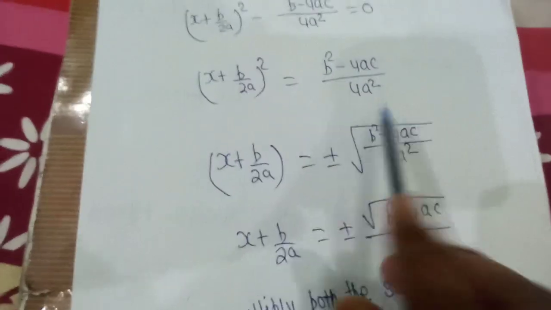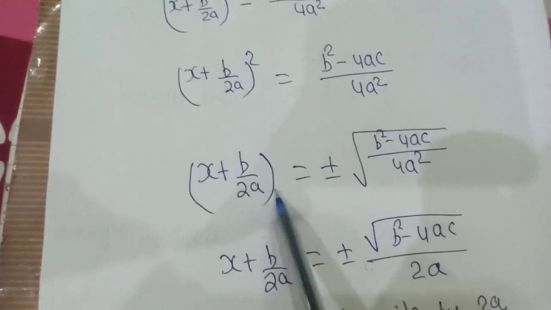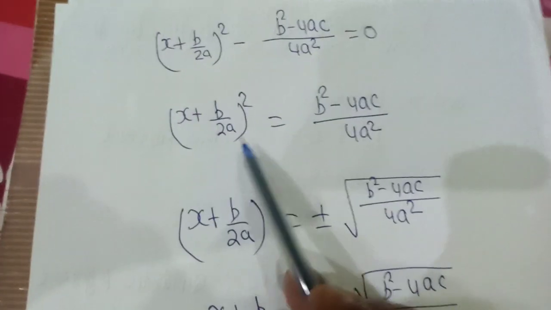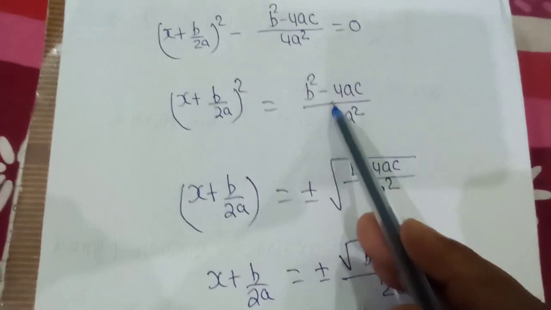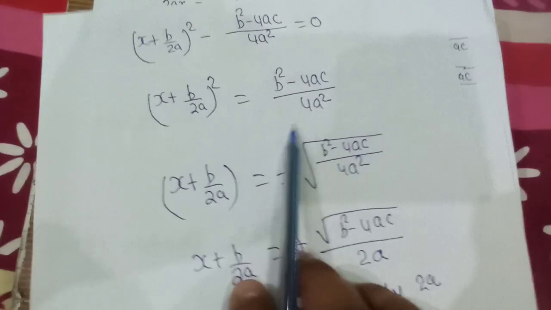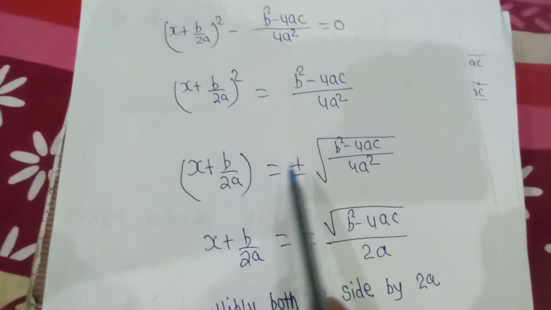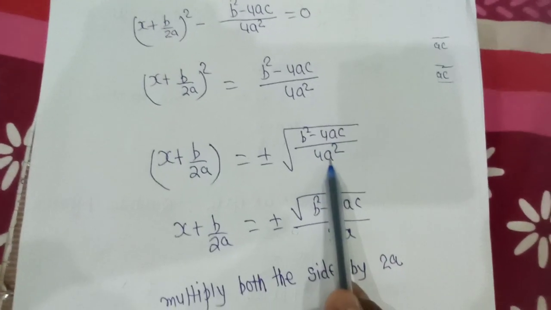So now our objective is coming to highlight here. So this is x plus b upon 2a to the whole square equals to b square minus 4ac upon 4a square, and this could be written as x plus b upon 2a equals to plus minus under root b square minus 4ac upon 4a square.